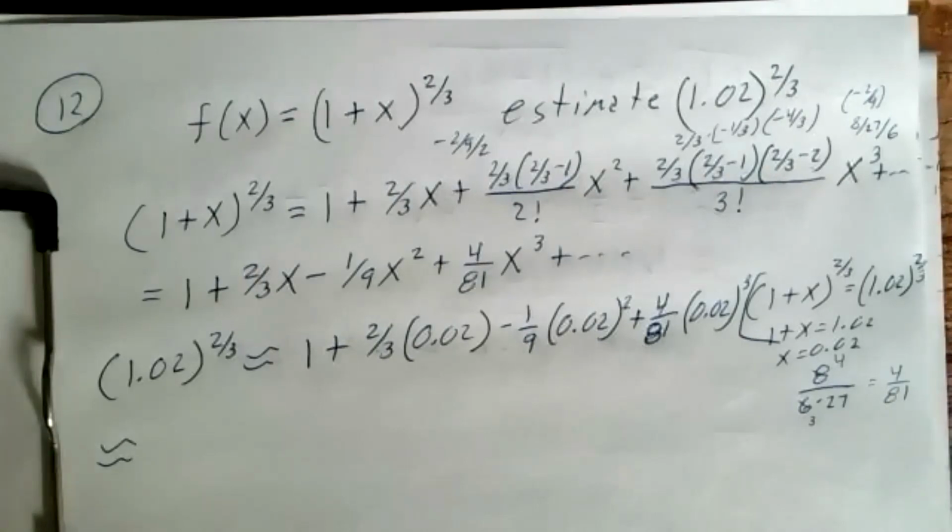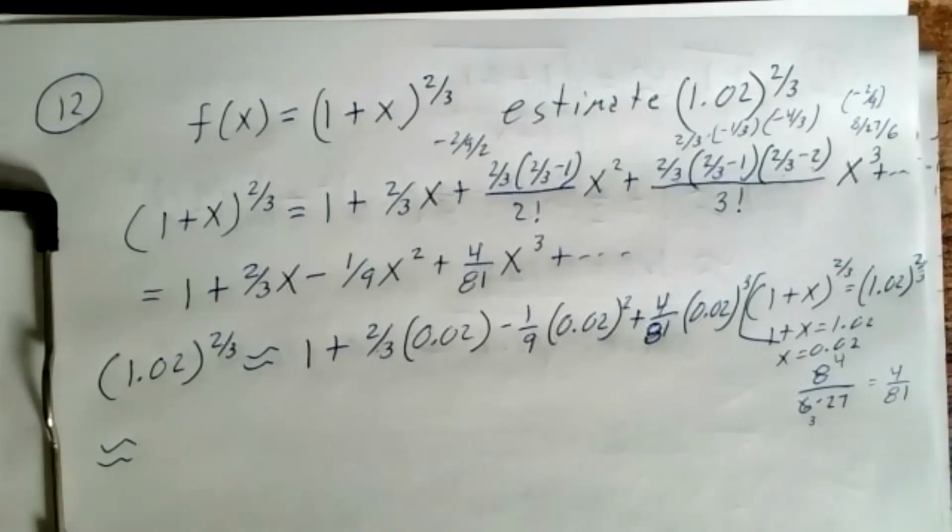Squared plus 4 divided by 81 times 0.02 raised to the 3rd power. Let's double check and make sure I entered it all in correctly.